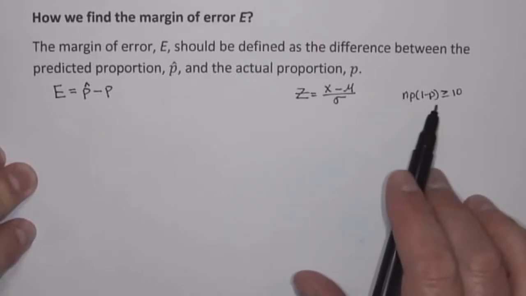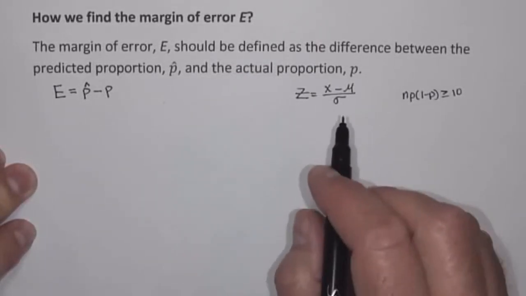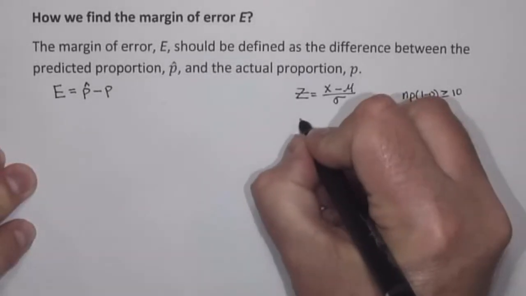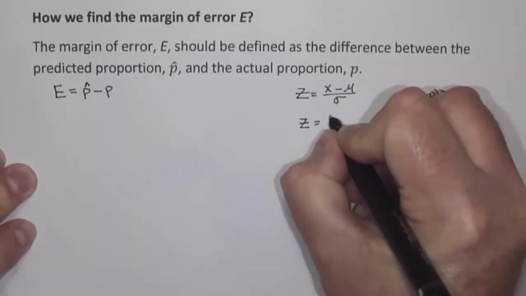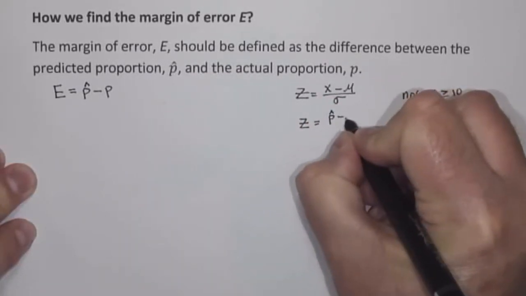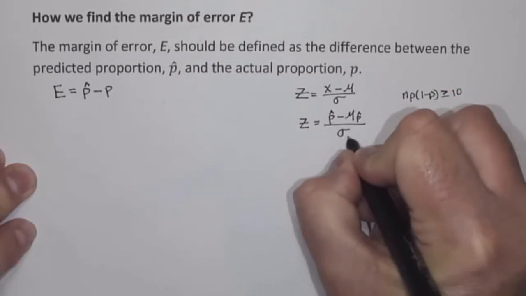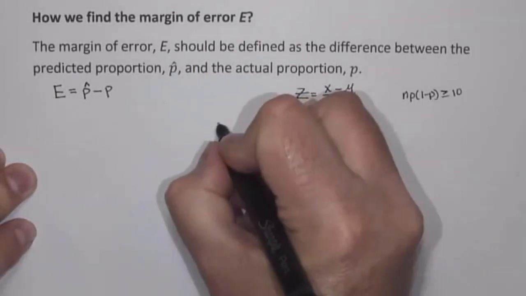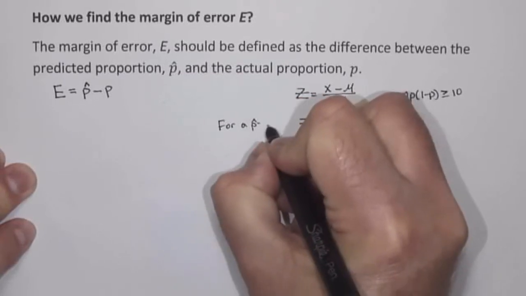So I want to think about that using this idea. If I'm dealing with a p hat distribution, then the z-score for a p hat distribution would equal p hat minus the mean of the p hat distribution divided by the standard deviation of the p hat distribution.